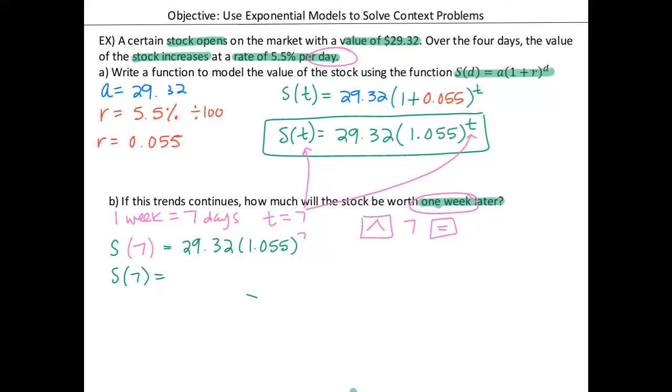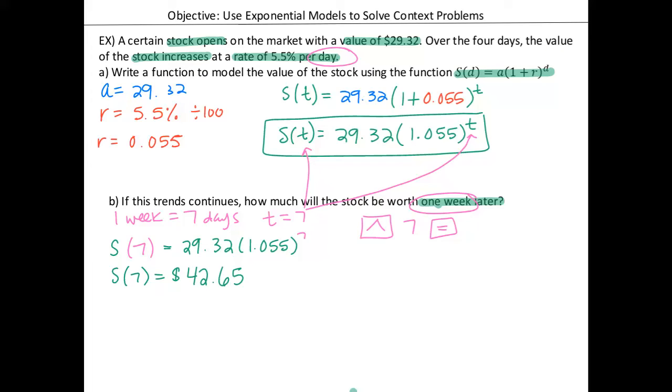All right, what did you guys get for your answer? Anybody? $42.65. Okay, thank you. And what is that representing? The value of the stock being produced.